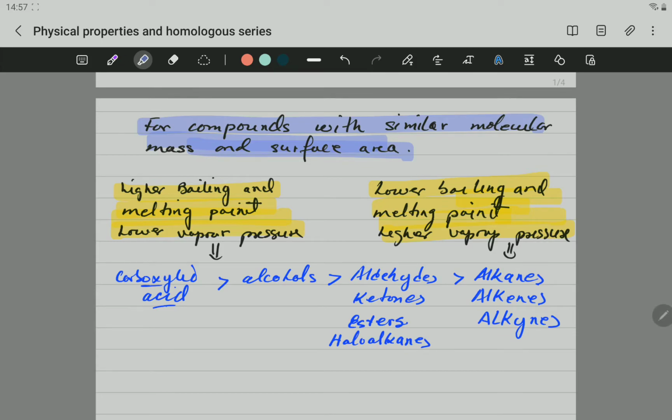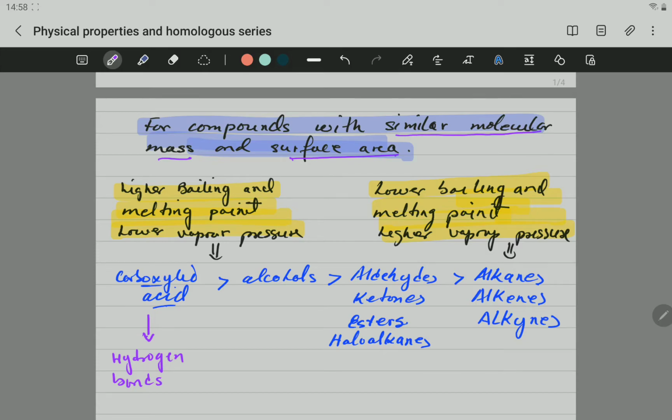So we go here to carboxylic acid, the first one. Carboxylic acid has the highest boiling point and the lowest vapor pressure. Remember, compounds that have similar molecular mass and surface area. So why carboxylic acid? Let's remember, what does it have? It has hydrogen bonds.